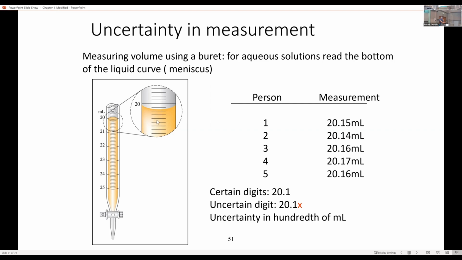Then in every single measurement, you're allowed 1 digit that is an uncertain digit that you can guess. An accurate guess would be somewhere in the middle of 20.1 and 20.2. So 20.15 would be a great measurement. 20.16 or 20.14, great estimates as well.